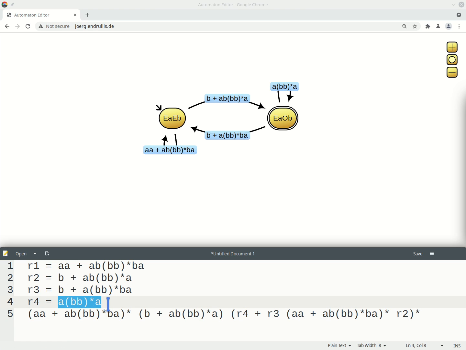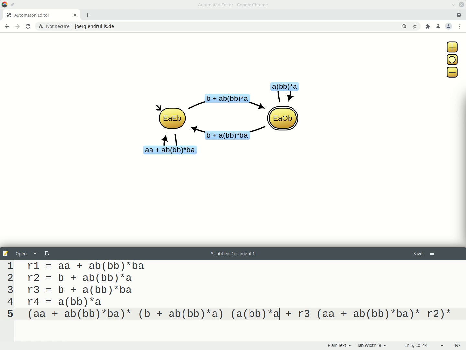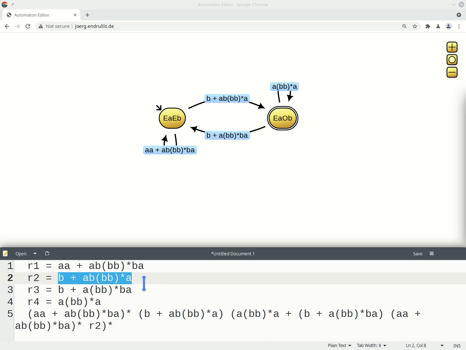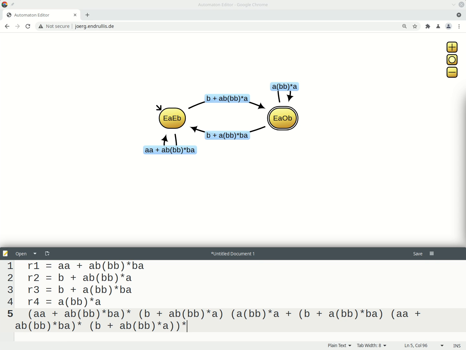We have R4 in this place. And we have one more R3, which again needs parentheses, and one more R2, which also needs parentheses because it contains a plus, and we're done.